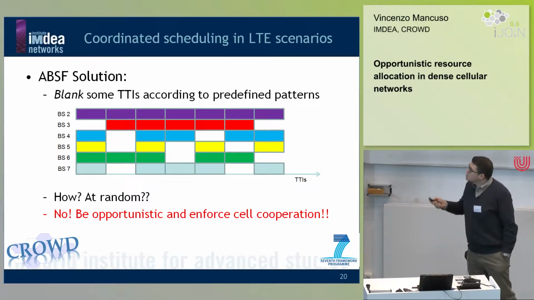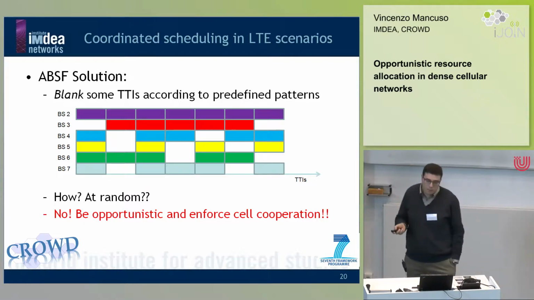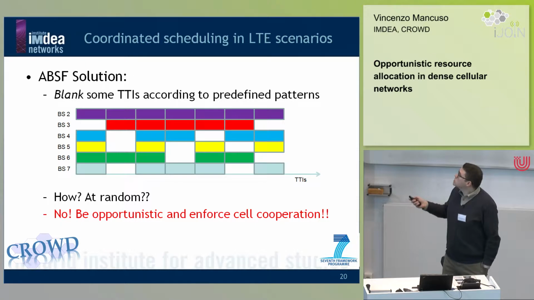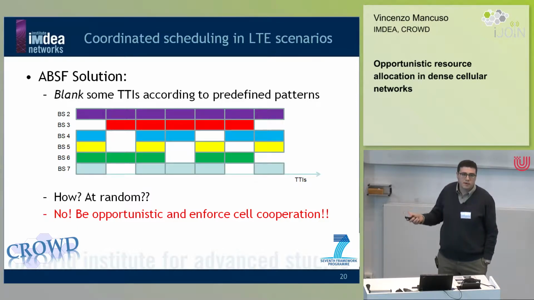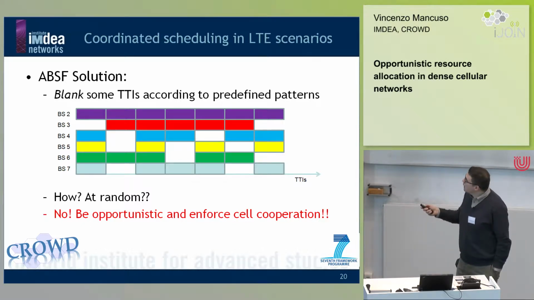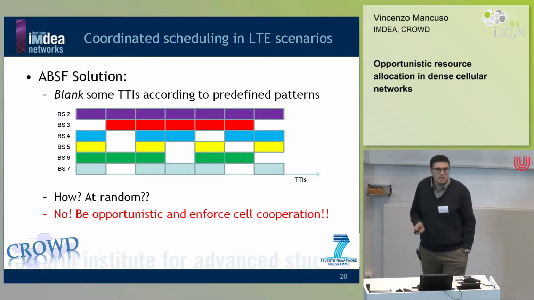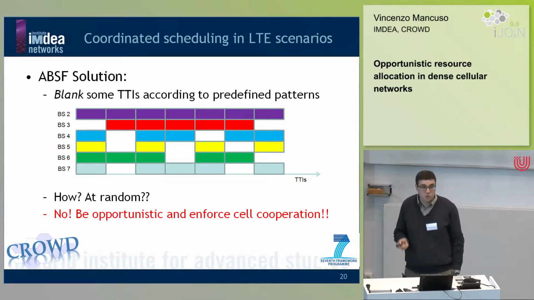In the standard, there's a solution called almost blank subframe, which has been proposed in order to stop the transmission of some base stations in some TTIs. Meaning every 1 millisecond in LTE you have to provide the scheduling and decide who's going to transmit or receive packets. And the base station in these blank white spaces will not transmit anything but pilots, or let's say signaling and control information, not data.